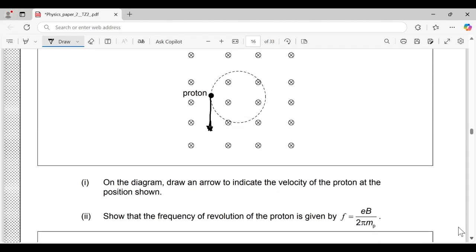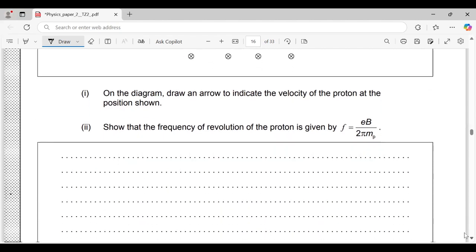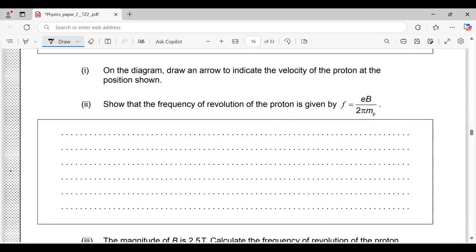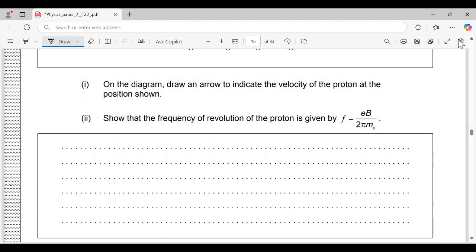Next, show that the frequency of revolution of the proton is given by f equal eB over 2 pi mp. I will explain about this.